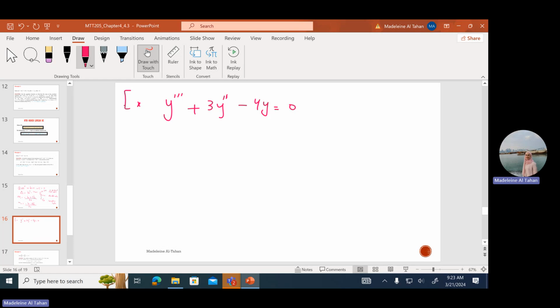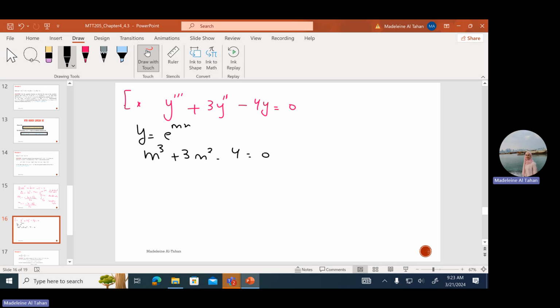What's the auxiliary equation? So y equals e^(mx), and the auxiliary equation is m cubed plus 3m squared minus 4 equals 0.